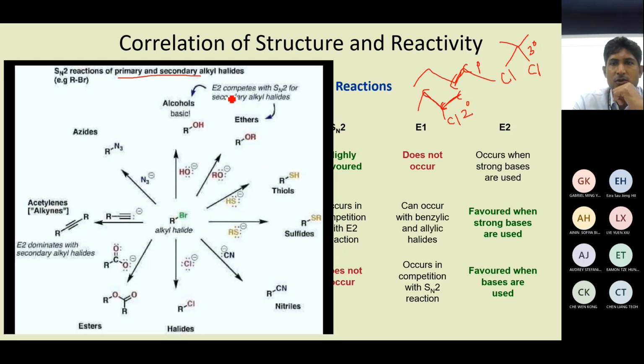So SN1 and SN2 are primarily for first degree and secondary carbon, of course the carbon of the alkyl halide. For primary and secondary, SN1, SN2. For tertiary, SN1 is much easier or more helpful.